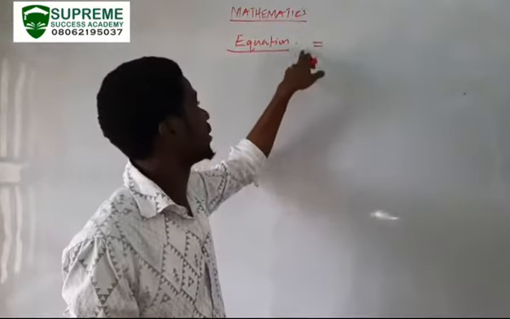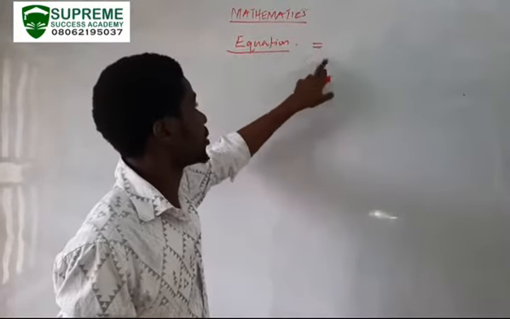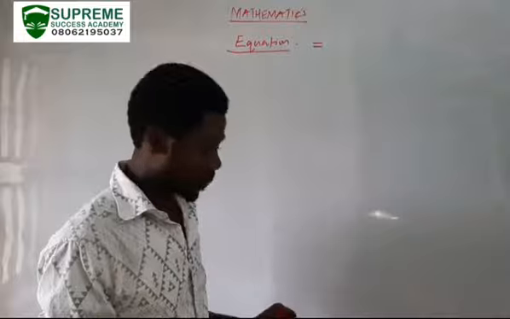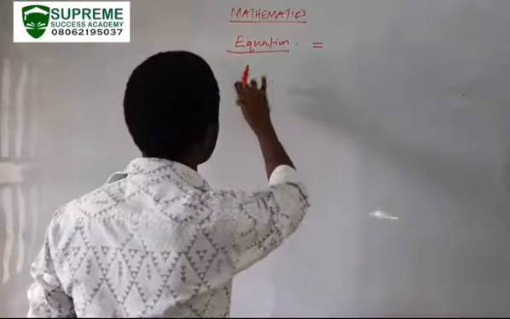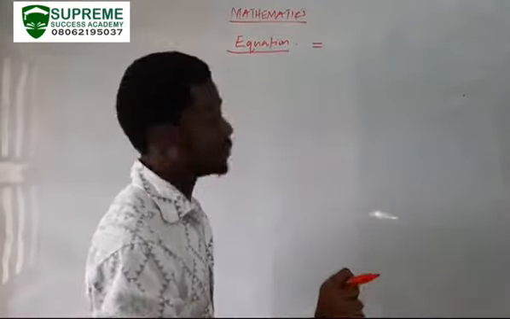It's very, very vital. So what makes an equation? An equation is the equal to sign. But I want to pick it from this angle: what are the types of equation that we have?